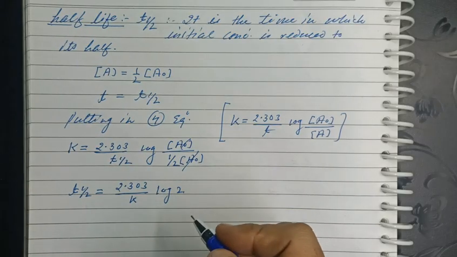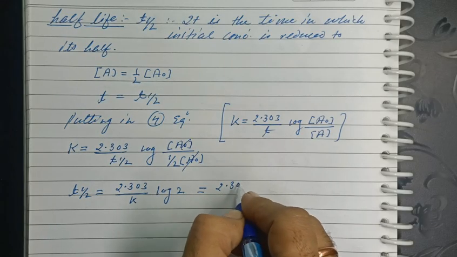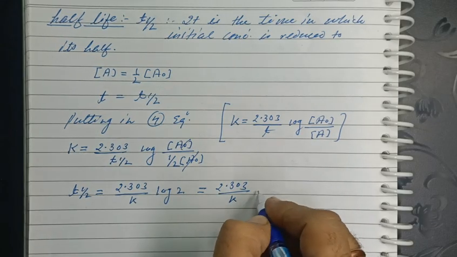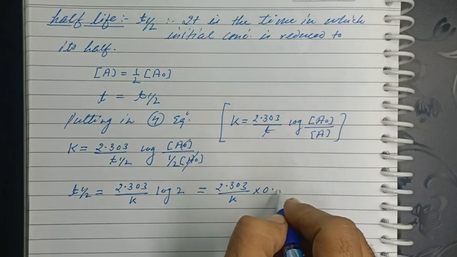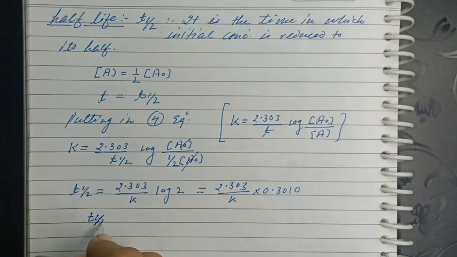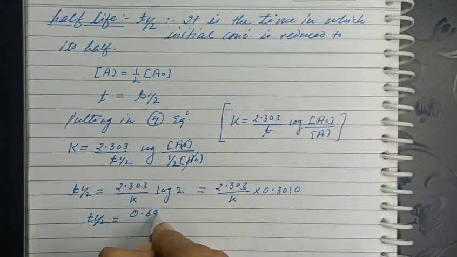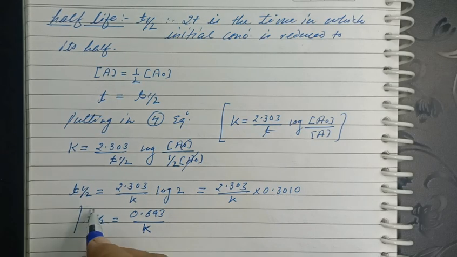Now we know the value of log 2. This is 2.303 upon K. Log 2 is 0.3010. Hence t half is equal to, on multiplying these two, we get 0.693 upon K. This is half-life of first order reaction.